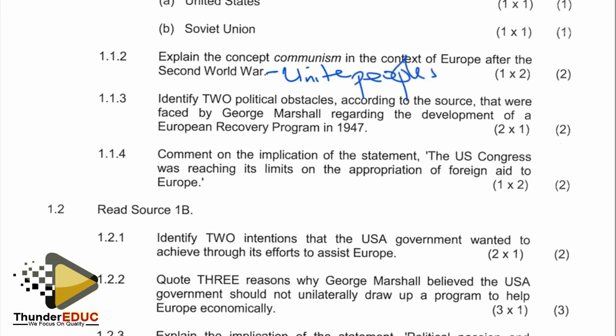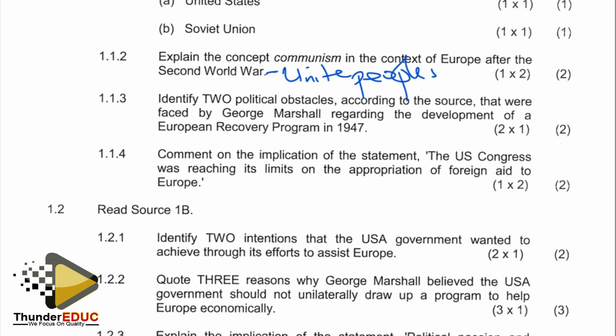After the divisions that were caused by Second World War, Russia, by implementing communist ideology, they wanted to do away with those divisions, and they wanted people to get united across national borders, and they wanted people to get back to working together after the destructive effects of the Second World War.